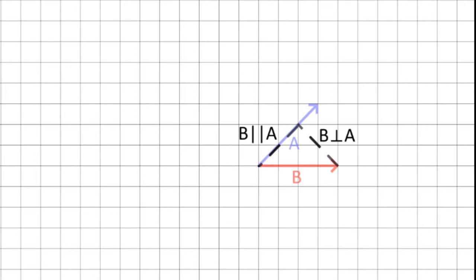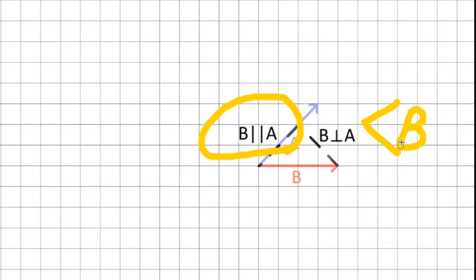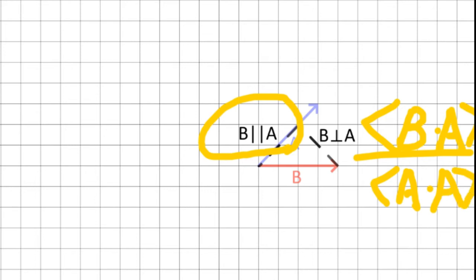If we want to find the projection of B onto A, then what we want to do is find the dot product B dot A, and then divide it by the dot product of A dot A, and then multiply this whole thing by the vector A itself.